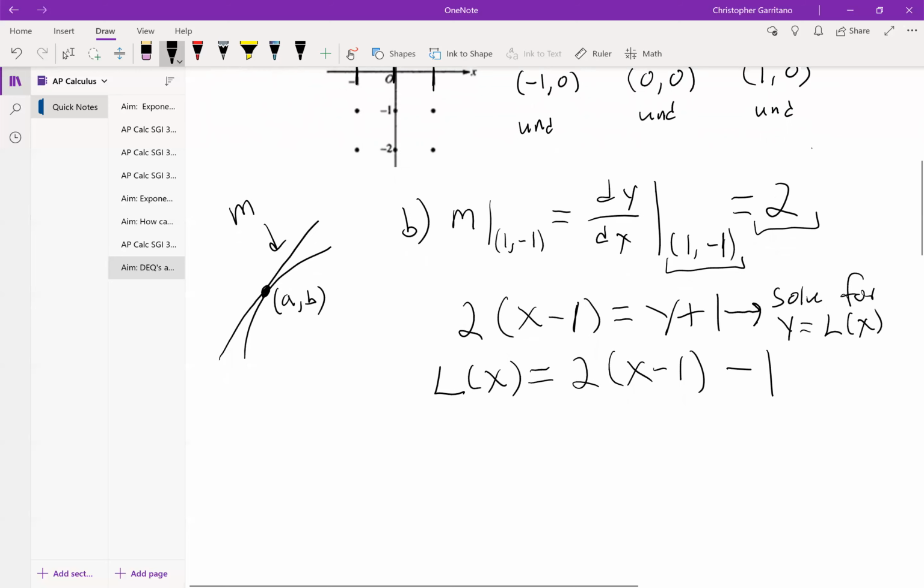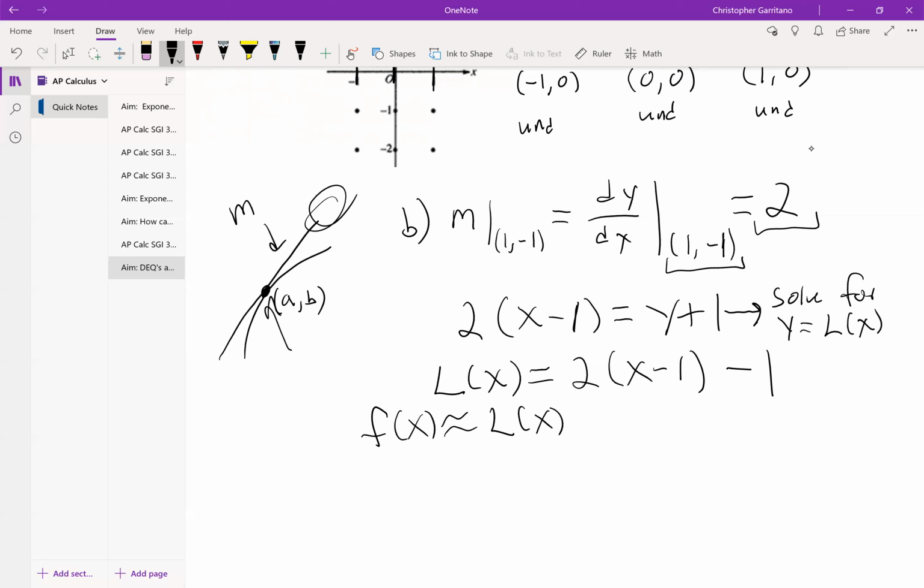Now the idea is the function f of x, the actual particular solution, can be approximated by this linear approximation that we found for points that are near x equals 1. Once we go very far away from the point that we're approximating at, the linear approximation gets worse and worse.